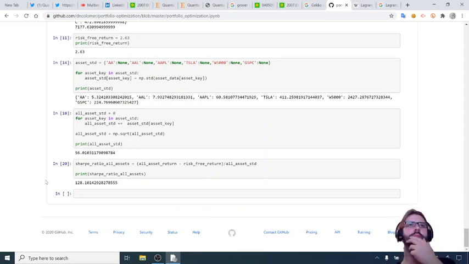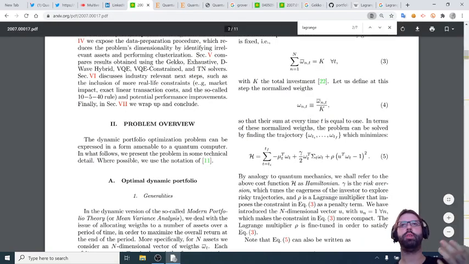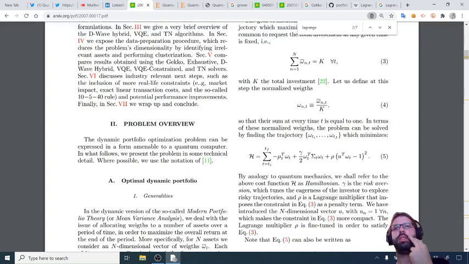To build the QUBO, I guess I just have to take the returns, and those are the diagonal terms, minus. I have to add the risk, though, to these, right?